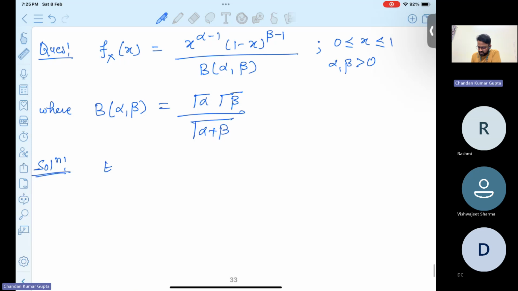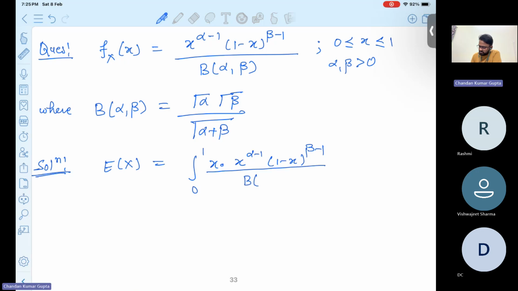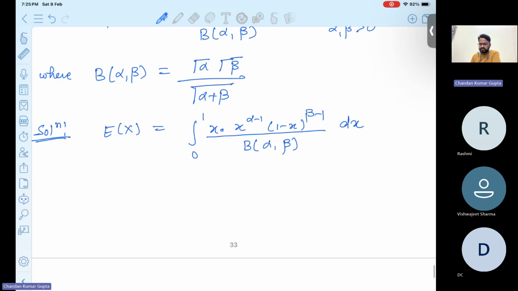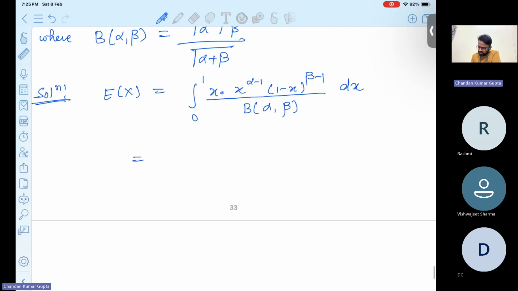See, expectation of x is, since it is a continuous random variable, so it is the integral from 0 to 1 of x into PDF. The PDF is x to the power alpha minus 1, 1 minus x to the power beta minus 1, and it is beta function with parameter alpha beta dx. This is the expectation of x. Okay, now you can see beta alpha beta is a constant term, right?